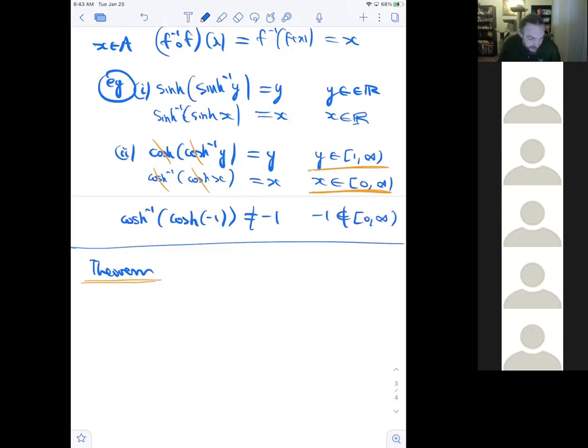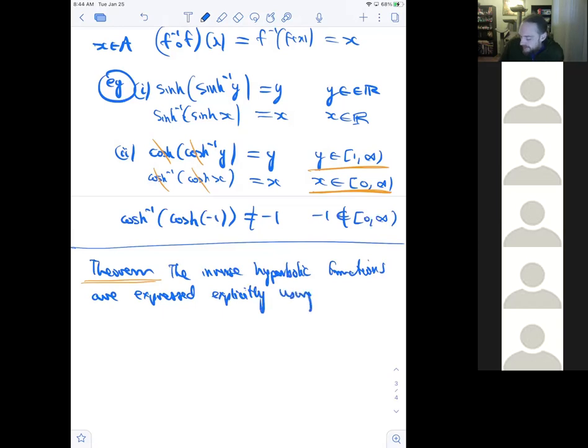So theorem: the inverse hyperbolic functions are expressed explicitly using logarithms.